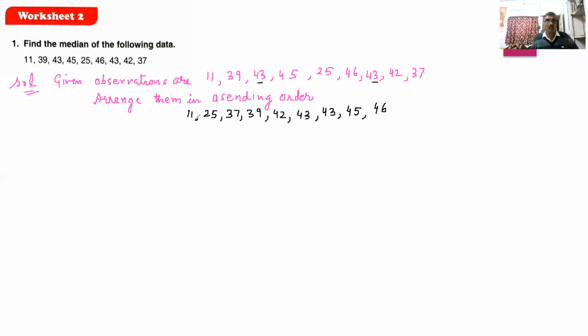The number of terms are 1, 2, 3, 4, 5, 6, 7, 8, 9. The number of terms are odd.